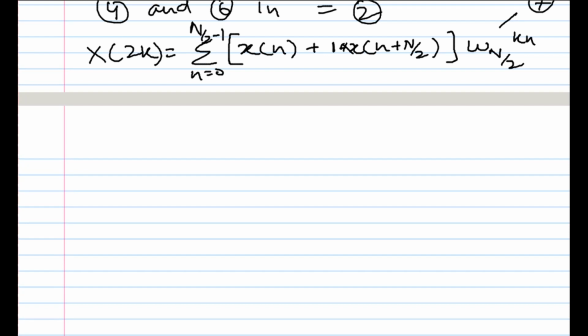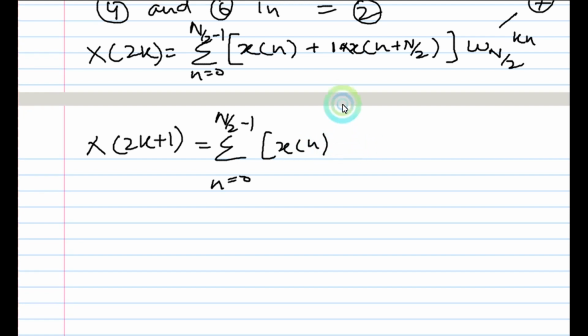And now let me go to the next page. Now I have to find x of 2k plus 1 using substitution, that will be summation n running from 0 to n by 2 minus 1 of x of n. Now we had minus 1 raised to 2k plus 1, that was equal to minus 1, so I will write a minus sign here, x of n plus n by 2.